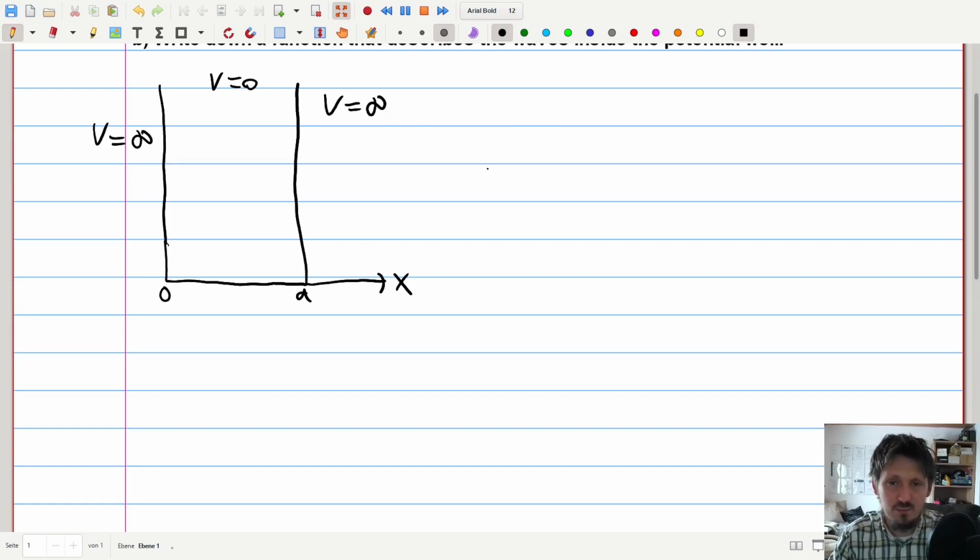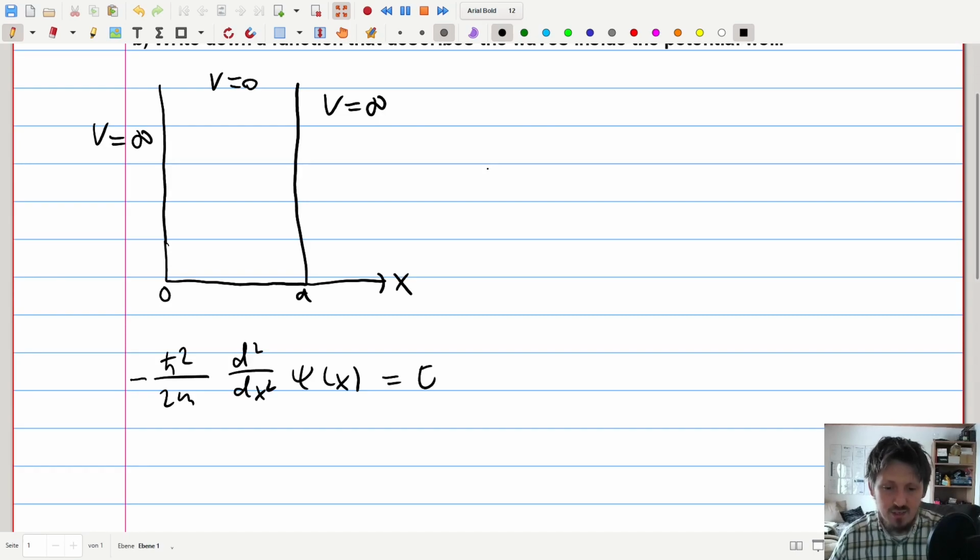So in this case, we can use actually the time independent one-dimensional Schrödinger equation without any potential. And this can be written down very simply as minus ħ² divided by 2m times d²/dx² ψ(x), and this has to be equal to E ψ(x).